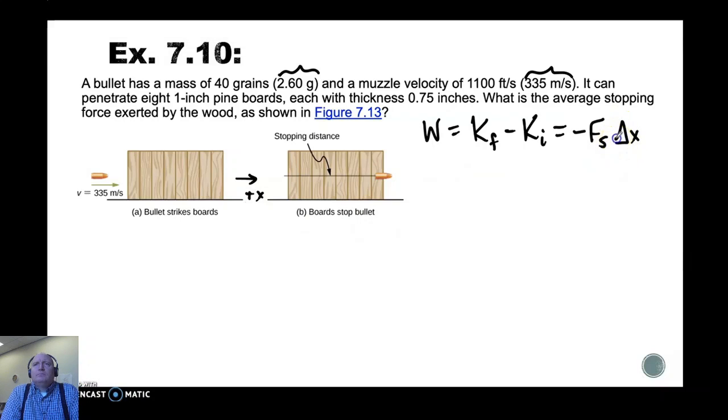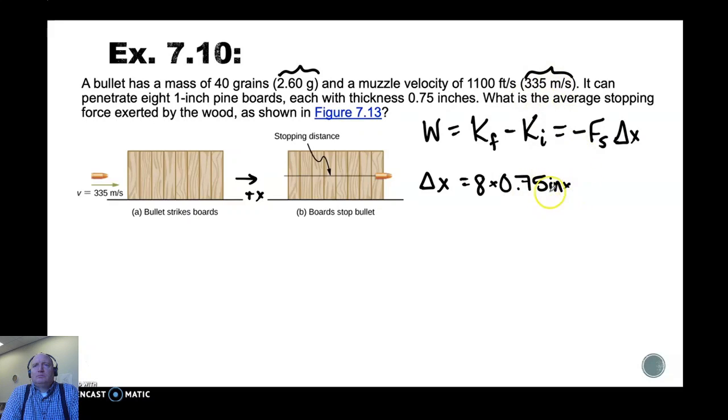Our delta X will be our thickness of the boards. So our thickness is 8 times 0.75 inches, and we need to get that into meters since our velocity is in meters.